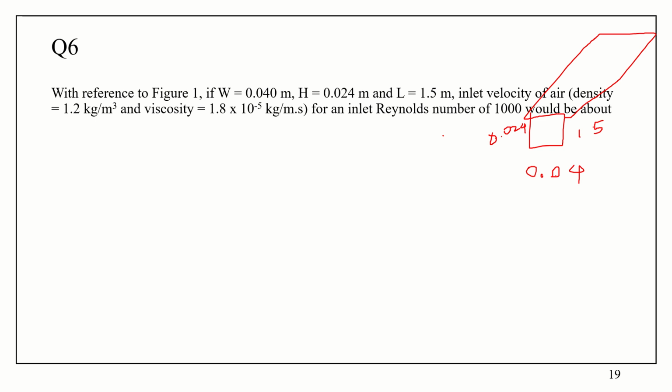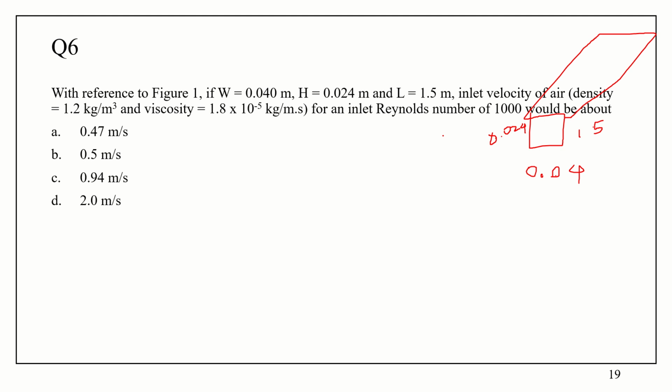The options given are, we'll see the options first. Option A 0.47 meter per second, option B 0.5 meter per second, option C 0.94 meter per second, option D 2 meter per second. So what are we going to find out?